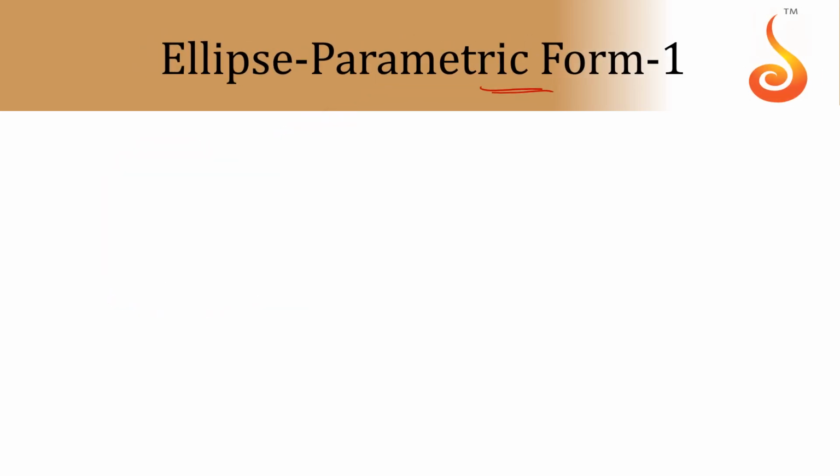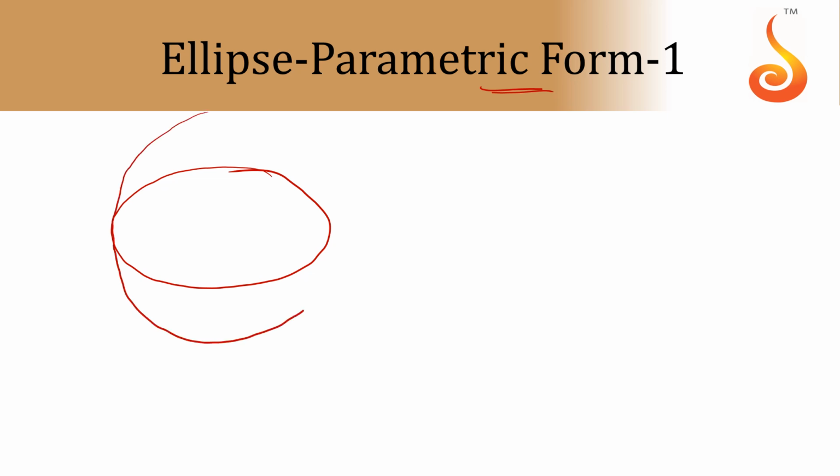Let us see the parametric form. For that, let us understand what the eccentric angle is. Suppose you have an ellipse and this is the auxiliary circle. Let P be a point on the ellipse, and C be the center of the ellipse and auxiliary circle as well.